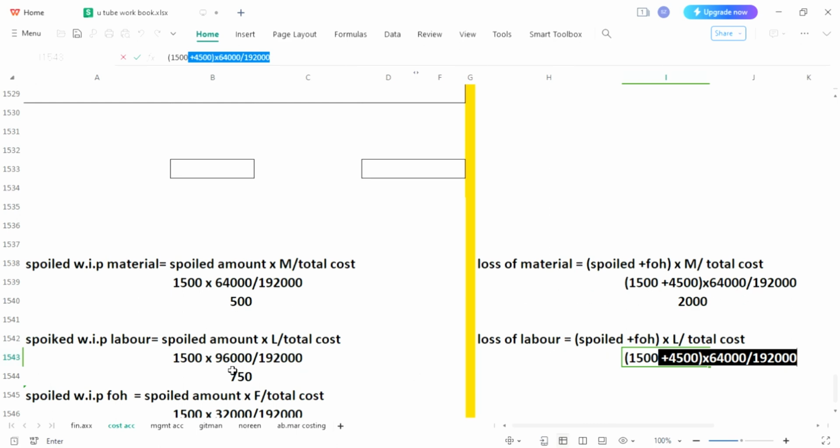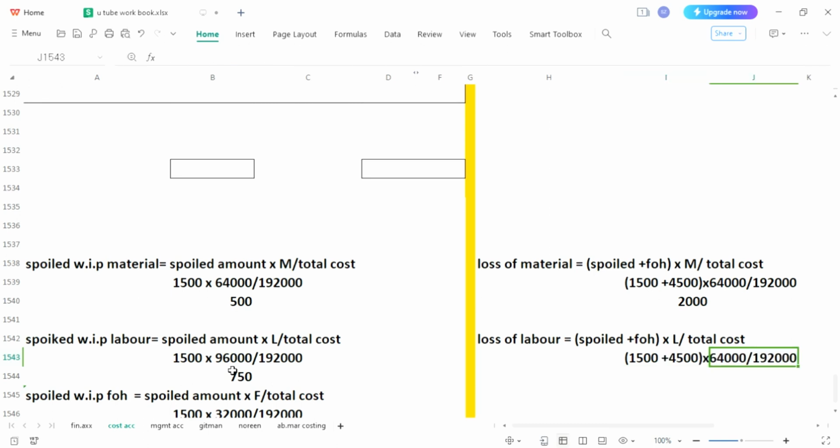Labor was 96,000. So here the only thing that would be changed is this 96,000. Please make sure that you have understood everything which we have written for loss of material is the same, except instead of writing capital M meaning cost of material, we have changed to capital L meaning cost of labor, which is 96,000, and we have already written here.